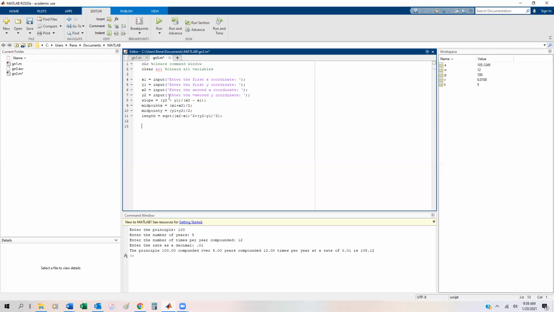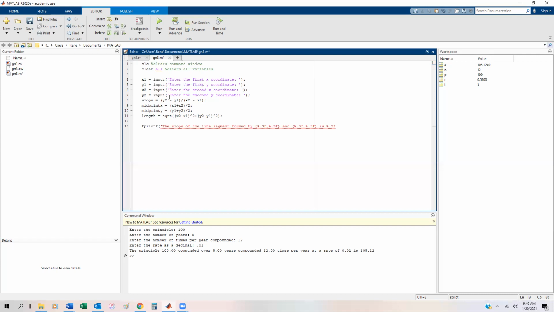So we're going to say fprintf, the slope of the line segment formed by, and parenthesis, and I'm going to say percent 0.3f, comma, percent 0.3f, and I'm just going to copy this, is, and I'm going to just say percent 0.3f.